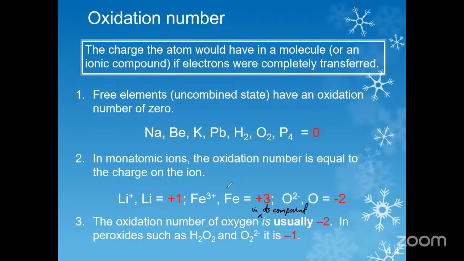Oxygen by itself would have an oxidation number of 0, as we said before, because it's an element. But if oxygen is combined with something else, then the oxidation number is usually -2. But in the case of peroxides or hydrogen peroxide, the oxidation number of oxygen is -1. So that's rule number 3.